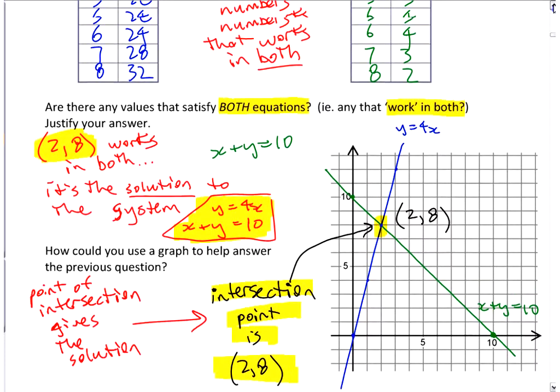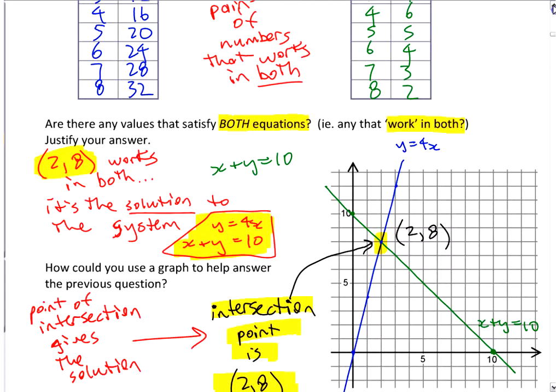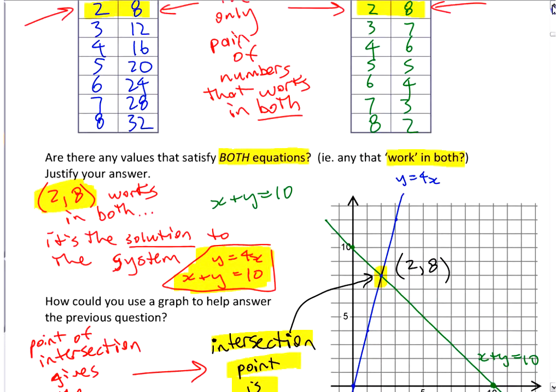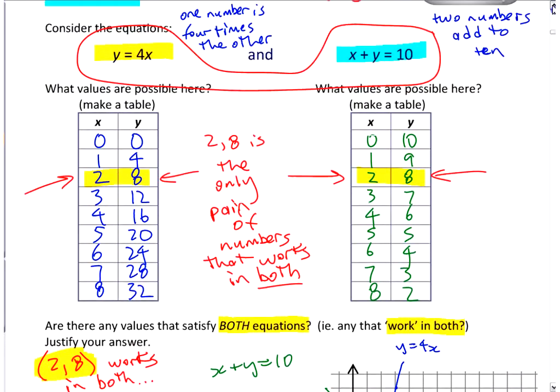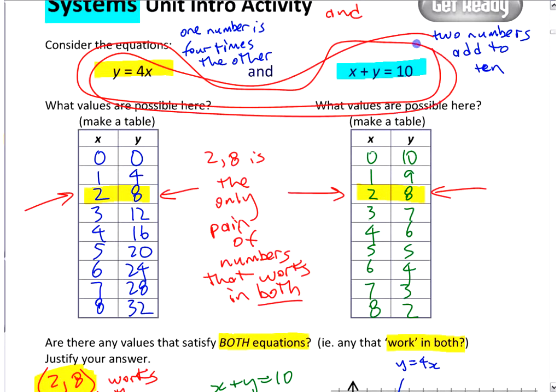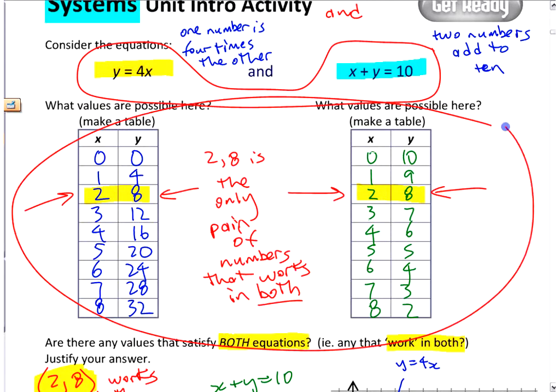So this kind of gives you an idea of several different ways you could find the solution to a system. If I give you two equations and ask you what's the solution to that system, you could do it by creating a table and seeing which one occurs twice, occurs in both.